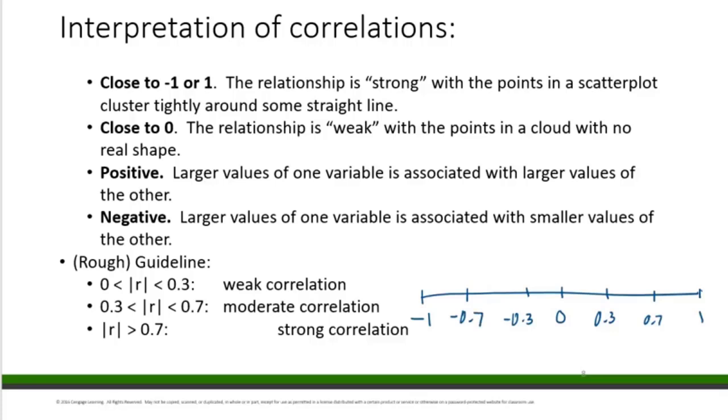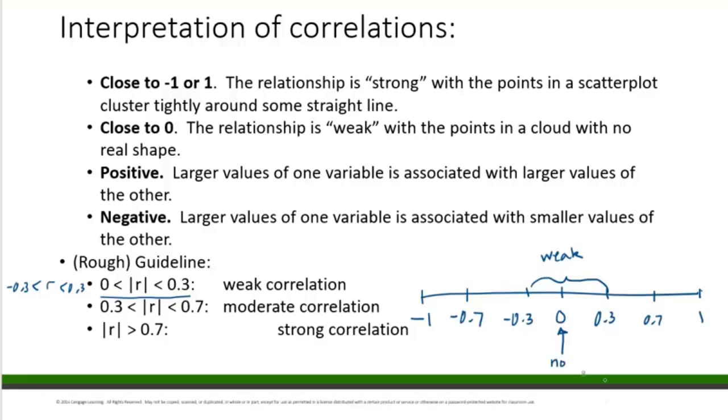Okay, so if you're close to 0, the absolute value is between 0 and 0.3, and that means R is between -0.3 and +0.3. So that's over here. We say there is a weak correlation, or weak relationship, either way. If it's right at 0, that means no relationship.